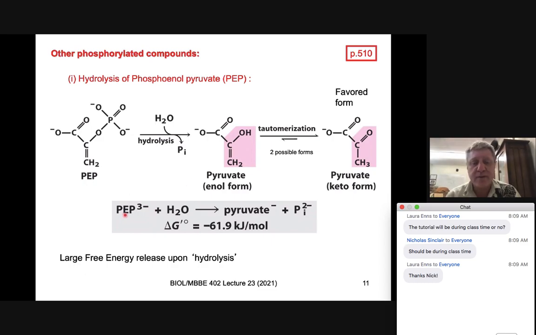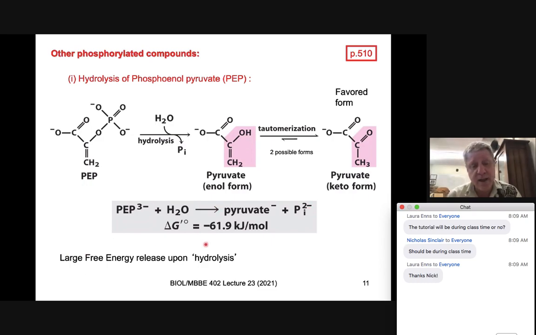Now, this time with phosphoenolpyruvate, with the hydrolysis utilizing molecular water as a reactant to produce pyruvate, we get a very large quantity of energy: minus 61.9 kilojoules per mole. And again, we also produce that inorganic phosphate, which is going to be taken up to produce phosphorylation activities or further ATP from ADP.